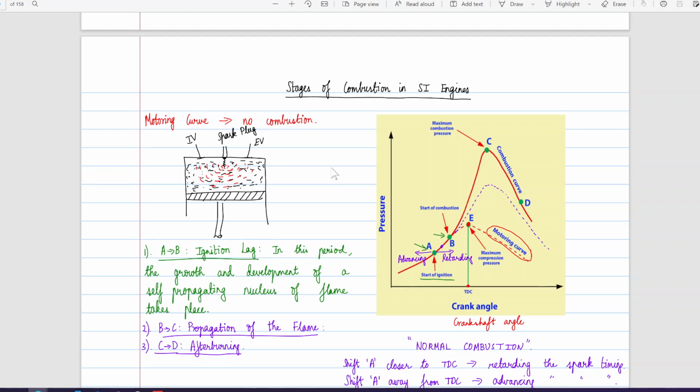Then we looked at various stages of combustion in a combustion engine.